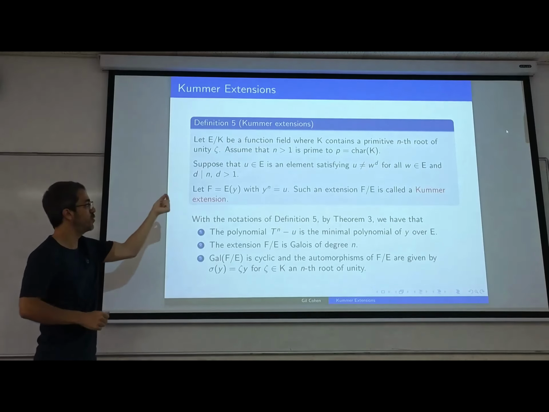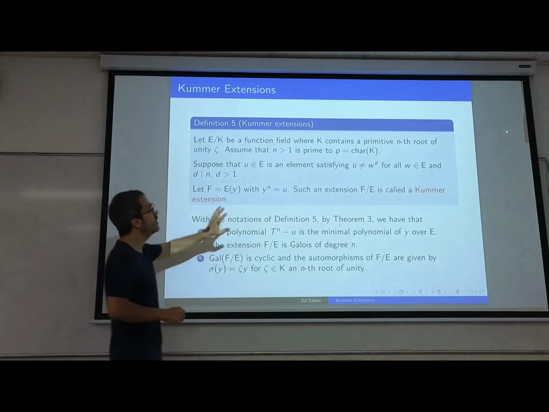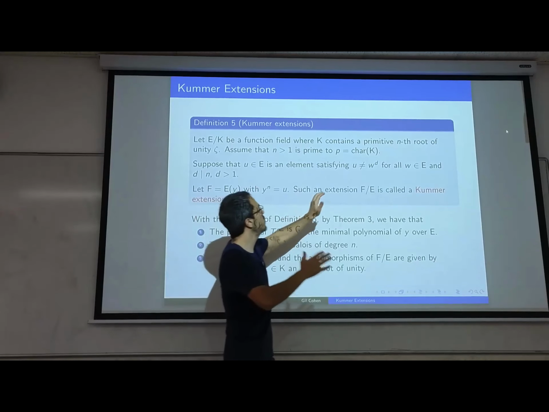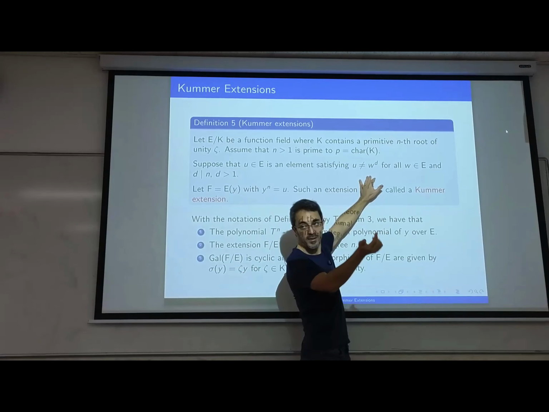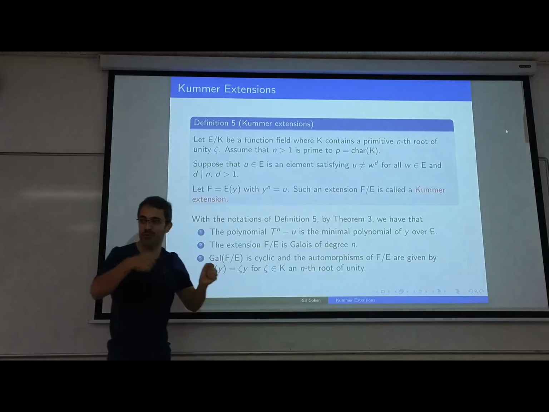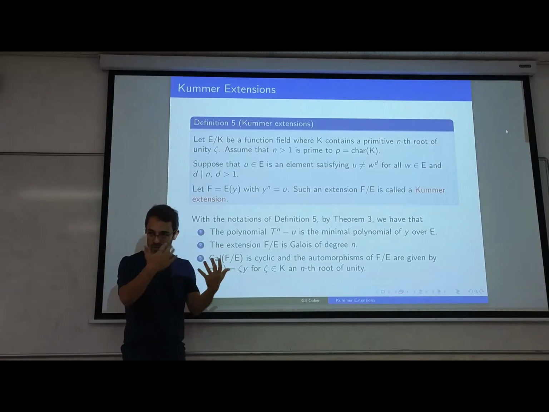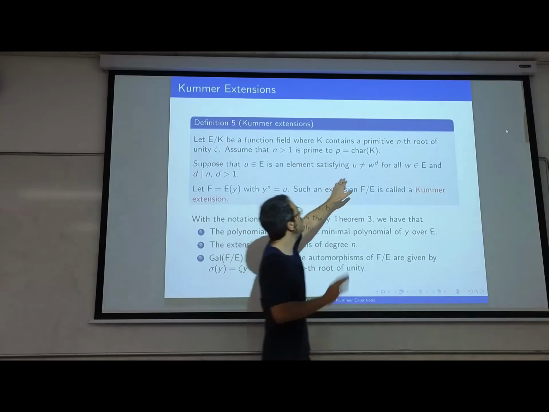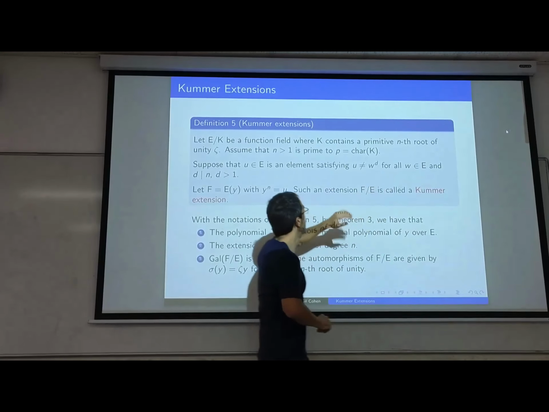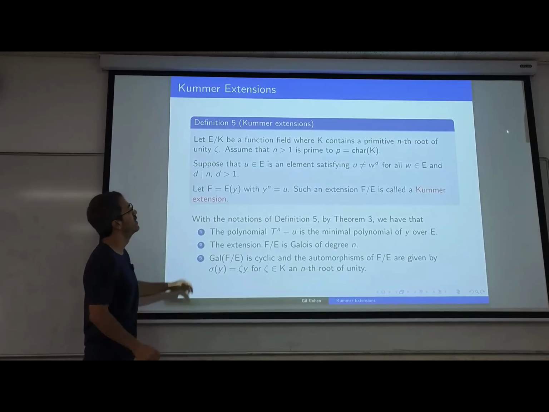And I'm going to assume that it's not a different root of anything that's already in E. I want to take a primitive nth root, so let's assume that u is not a power of some other element in E for any power that divides the n that I care about.